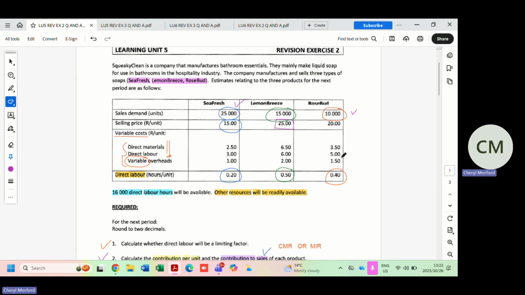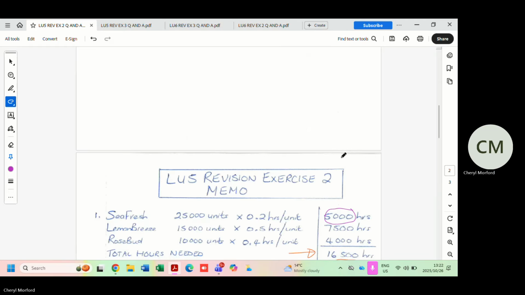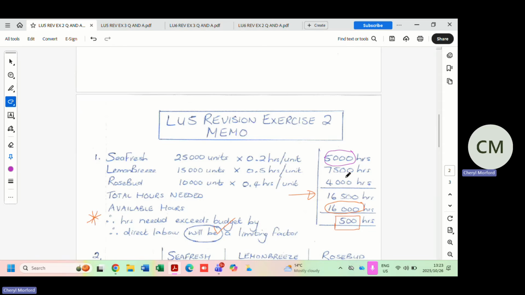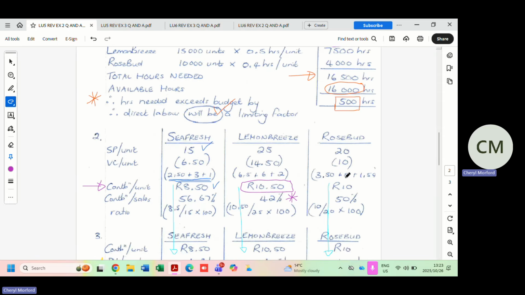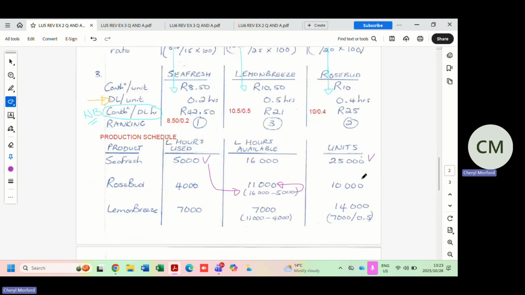Let's quickly check and see how much time the Rosebud would use. It's 4,000 hours. So we do have enough time to make all of it. So that's why we're going to put the full 10,000 units. It would consume a further 4,000 hours. And now, how much time have we got left? We're going to subtract the 4,000 from the 11,000, and that means 7,000 hours are left.